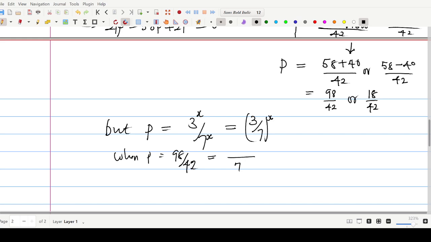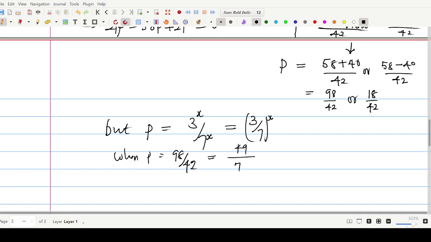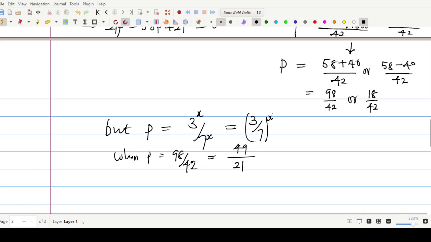So let's look for another number. 98 divided by 2 is 49. All right, so we have 49 here. Then 42 divided by 2, we have 21.